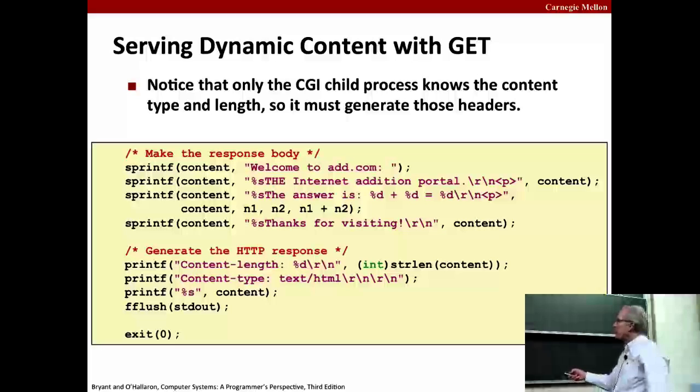And just to be sure it all goes out, I'll flush that out at the end. So what's happening here is that it's the job of the CGI program to write the HTML and to send it back to the client.